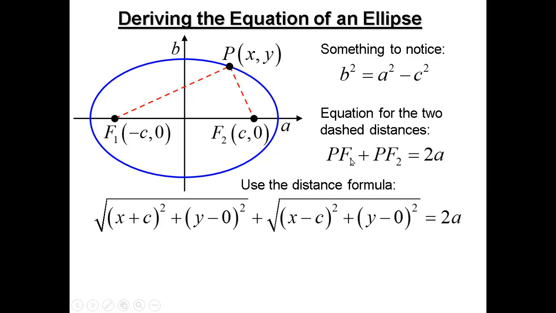So from point P to F sub 1, we have the square root of x plus c quantity squared plus y minus 0 quantity squared plus the square root of x minus c quantity squared plus y minus 0 quantity squared, which is equal to 2a. So the PF sub 1 is this one, and then the PF sub 2 is this one.